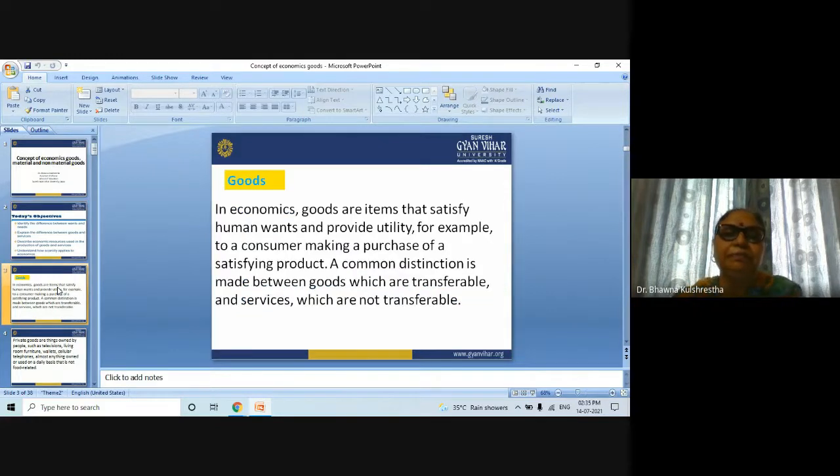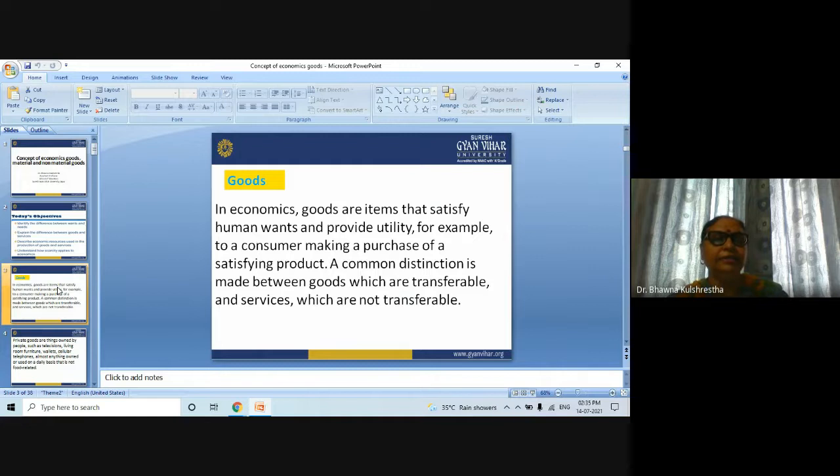First of all, we talk about goods. In economics, goods are items that satisfy human wants and provide utility. For example, a consumer making a purchase of a satisfying product. A common distinction is made between goods which are transferable and services which are not transferable.